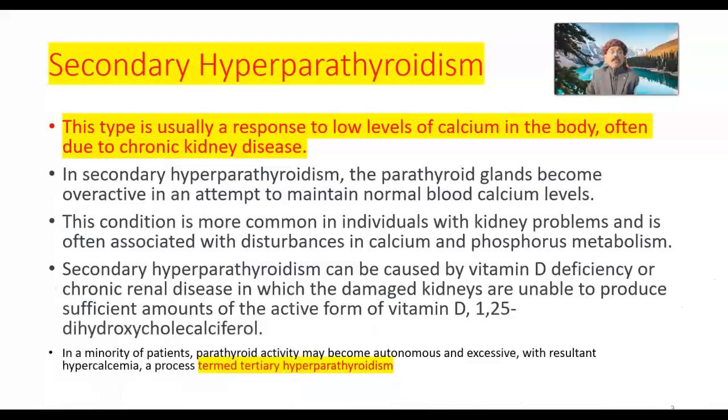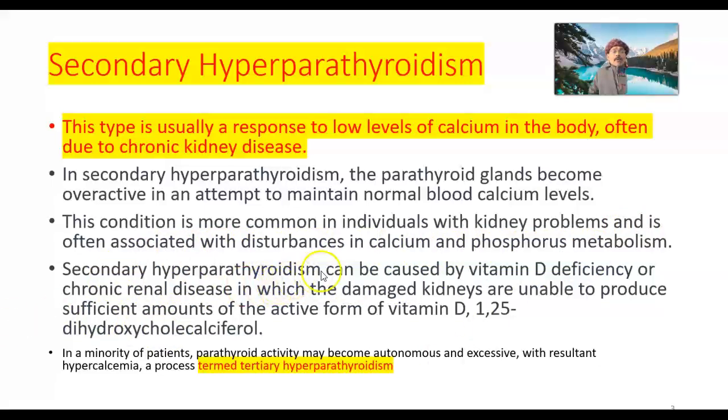even pancreatitis. Secondary hyperparathyroidism. This type is usually a response to low level of calcium in the body, often due to chronic kidney disease. In secondary hyperparathyroidism, the parathyroid glands become overactive in individuals with kidney problem and is often associated with disturbance in calcium and phosphorus metabolism.